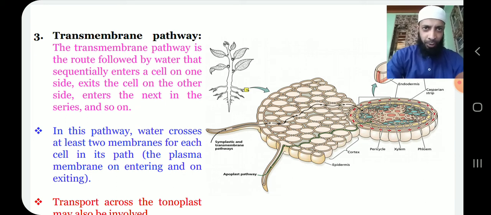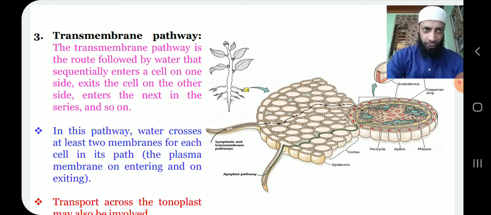The transmembrane pathway is a route followed by water that sequentially enters a cell on one side, exits the cell on other side, then enters the next in the series and so on.